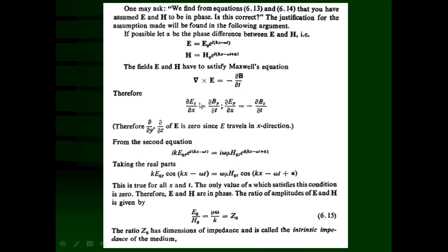Minus j is going to be cancelled. So the scalar equations we obtain: del Ez upon del x is equal to minus del By upon del t. That is the first equation. The second equation is related to the z components, that means the k factor. So k into del Ey upon del x is equal to minus k into del Bz upon del t.